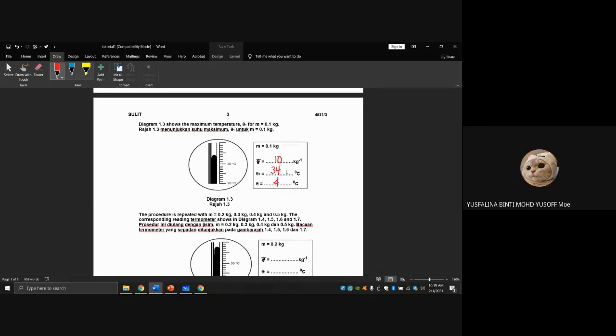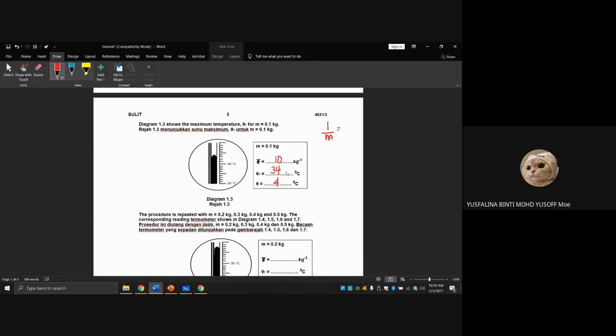Teacher, how to calculate 10 kg minus 1? I cannot hear you clearly. How do I get 10 kg minus 1? Okay. In your paper, it wrote 1 over m.